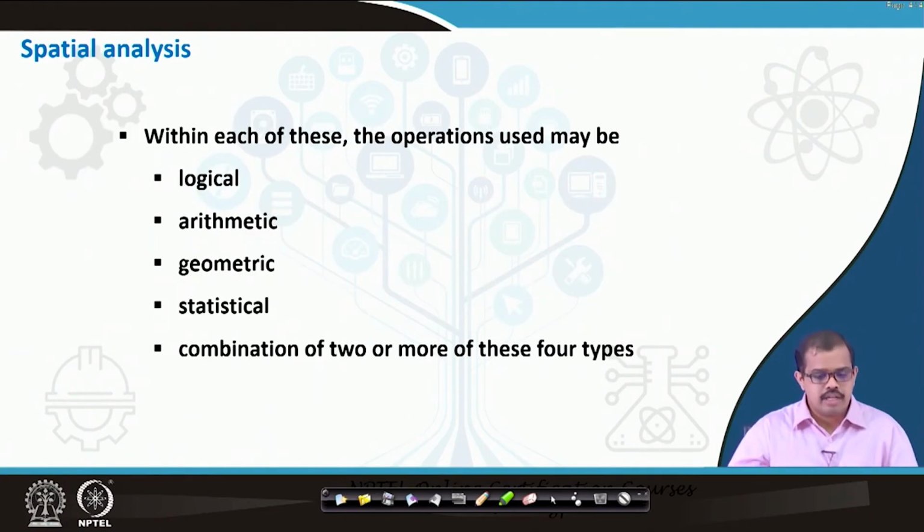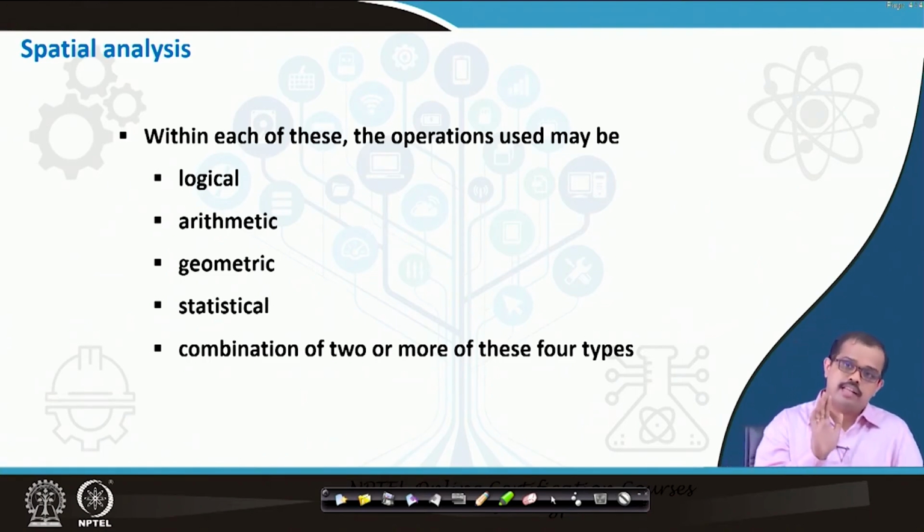With each of these operations, the operations used may be logical, arithmetic, geometrical, or statistical, or a combination of two or more of these four types. So basically there are four types of operations that can be done: logical, arithmetic, geometry, and statistical. I think most of you have done these analyses in Excel one way or the other.